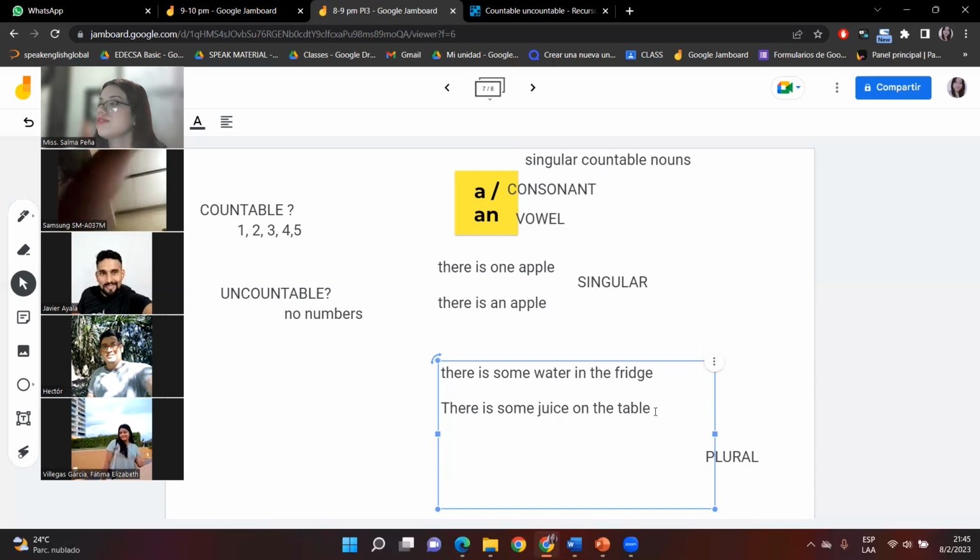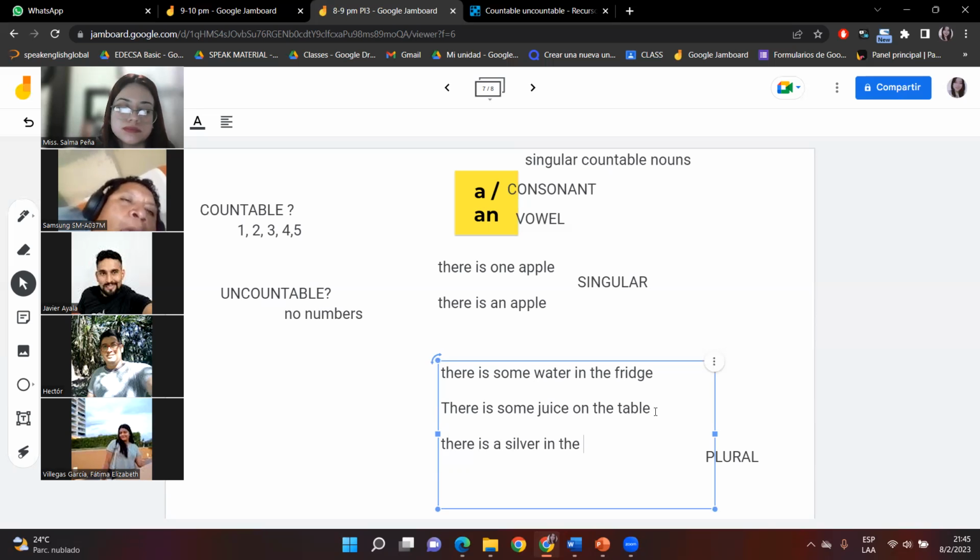Now, what about if I say, let's see, there is a silver on the table. Can we say it?